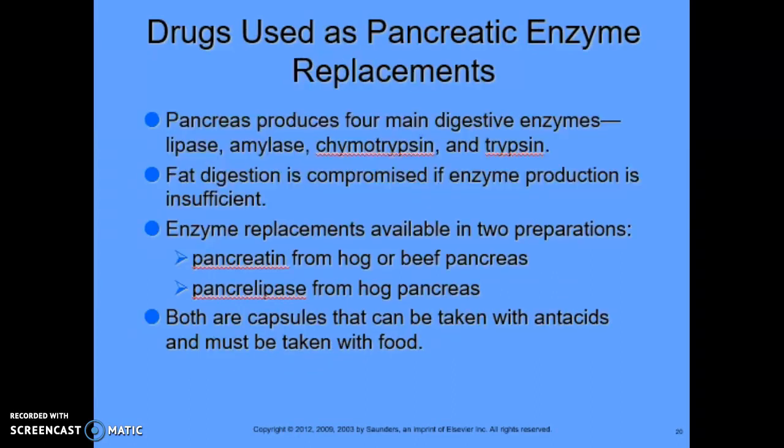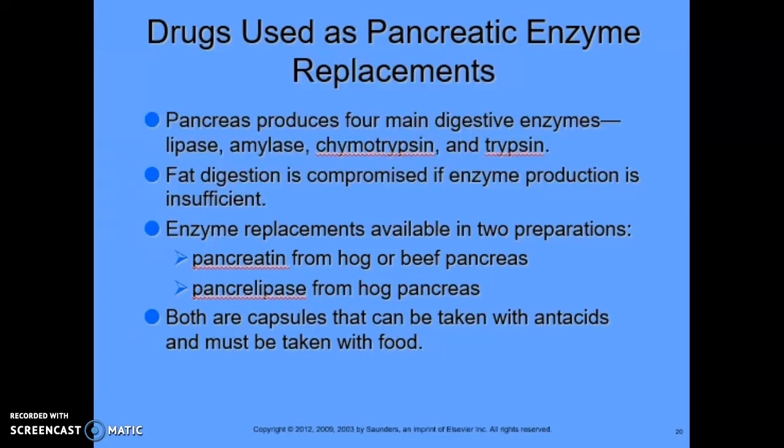Now we're looking at drugs used as pancreatic enzyme replacements. The pancreas produces 4 main digestive enzymes: lipase, amylase, chymotrypsin, and trypsin. Fat digestion is compromised if enzyme production is insufficient.